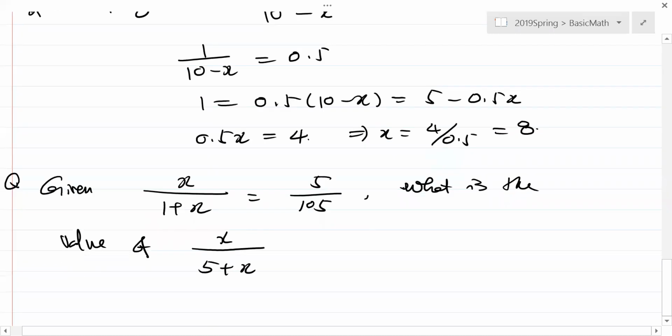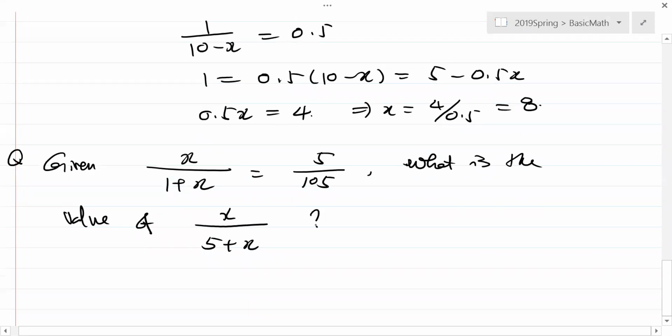Wait, is it x over 1 plus x? So you have to find an easy way to solve it. You can find x, then plug it into the expression, but that's complicated. Wait, because x over 1 is x.